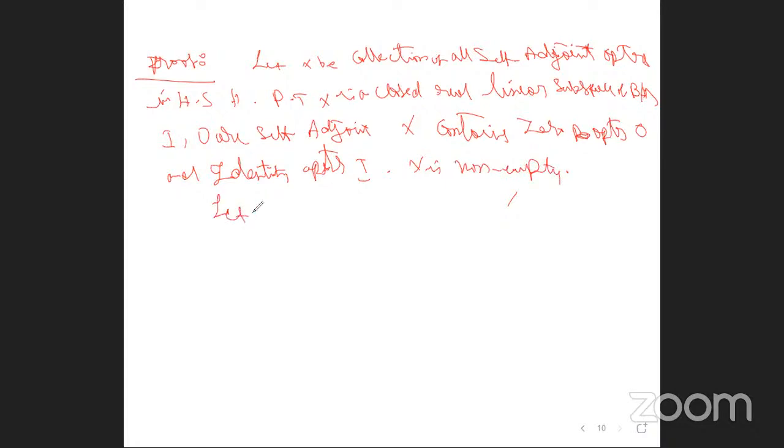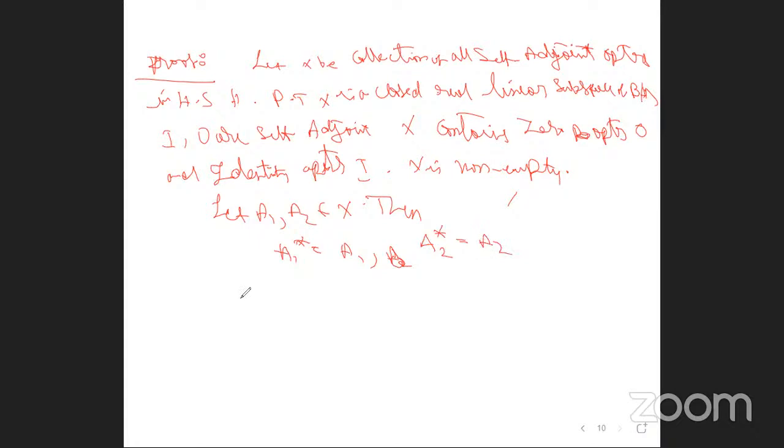Let A1, A2 belong to X. Then A1 star equals A1 and A2 star equals A2.